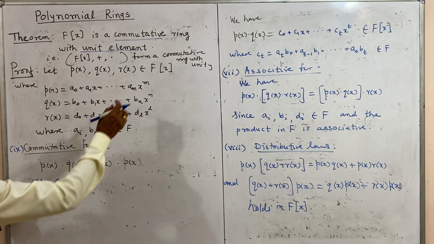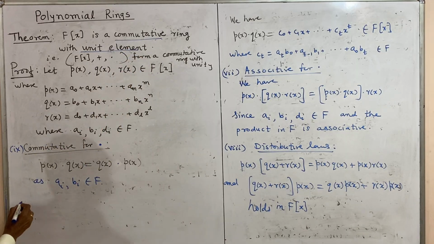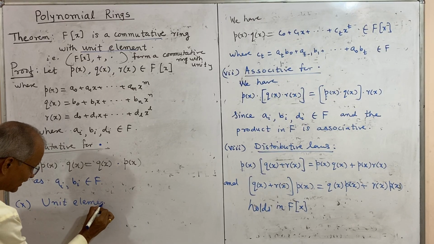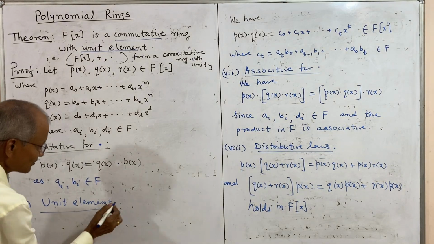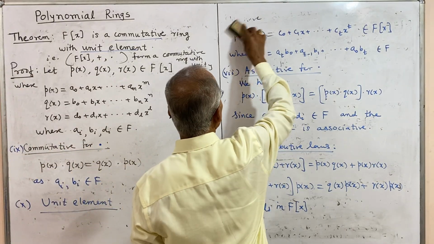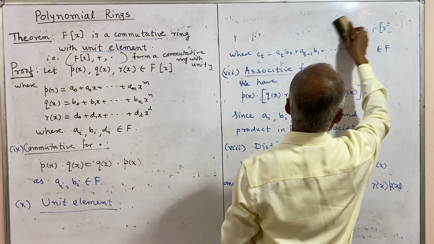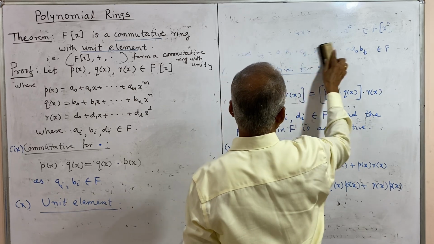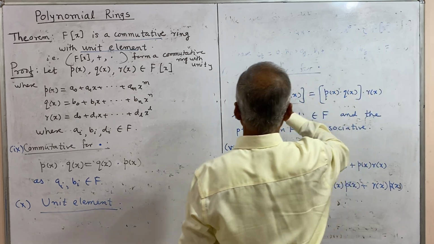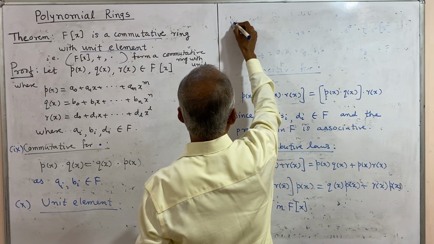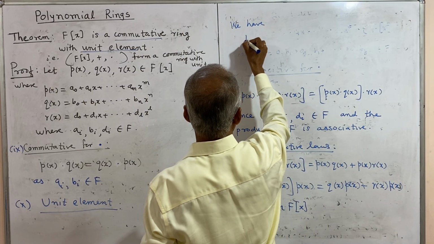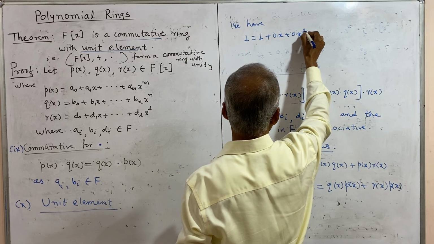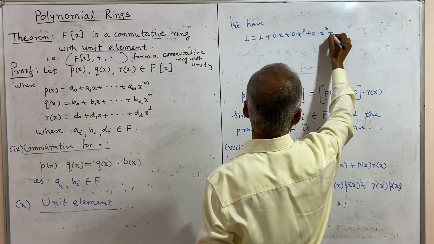Now what remains is the unit element. So the last property, unit element, and this element is usually denoted by 1, and we write 1 is equal to the polynomial 1. So we have 1 is equal to 1 plus 0 into x plus 0 into x square plus 0 into x cube, and so on.